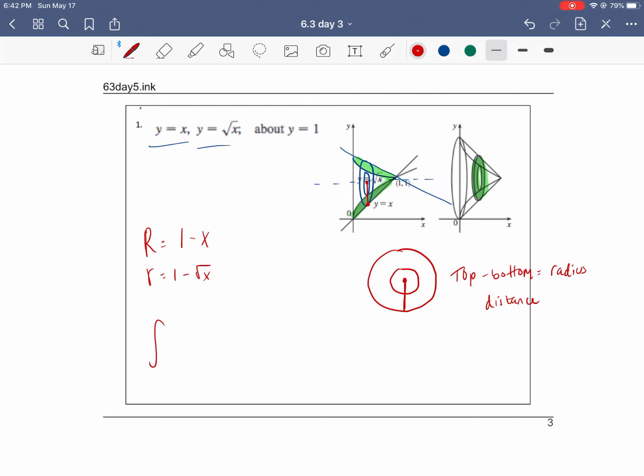So now, my pi, big R squared, minus little r squared. Careful with all of your parentheses, end it with a dx. Final step, x's are on the inside, so we need to go to the x-axis, furthest left value, furthest right value, 0 until 1.